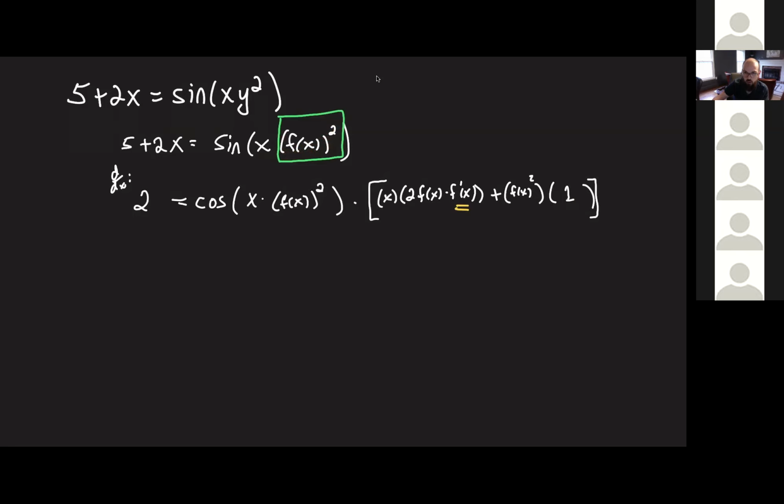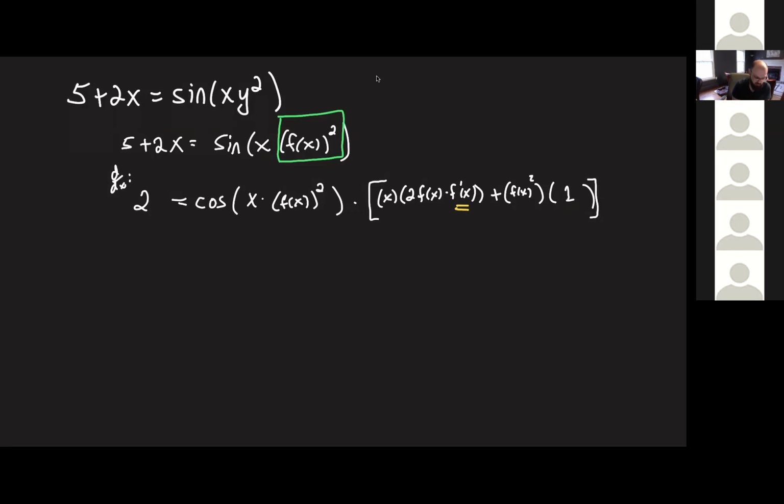Now I need to solve this thing for f prime. I've taken all my derivatives, everything is done, and so now what I want to do is algebra. Just for ease, to start here I'm going to replace all my f of x's back with y's.